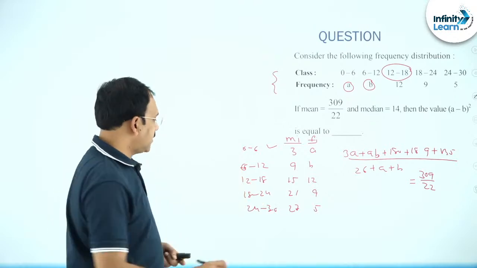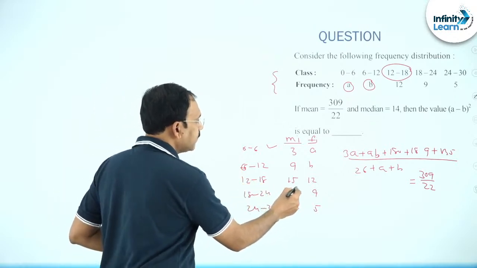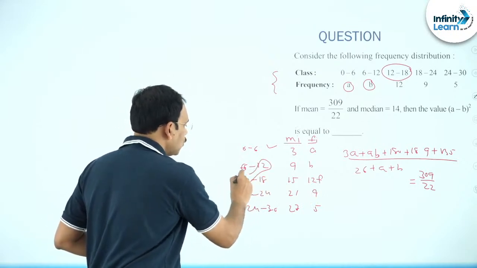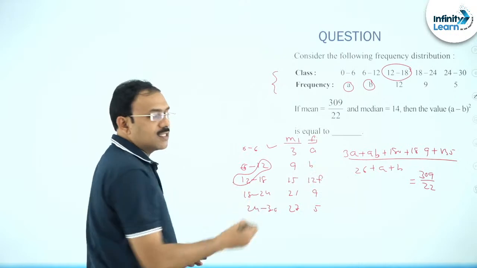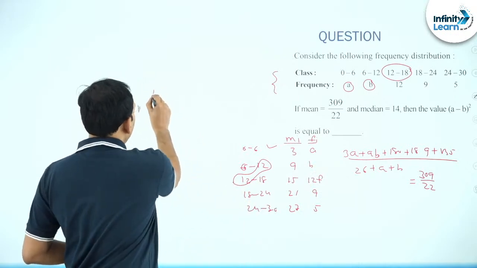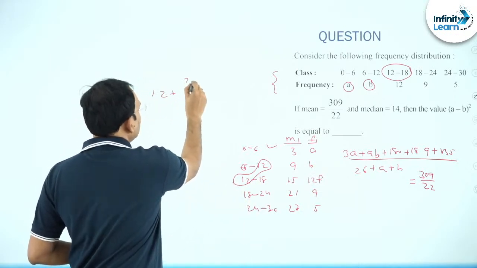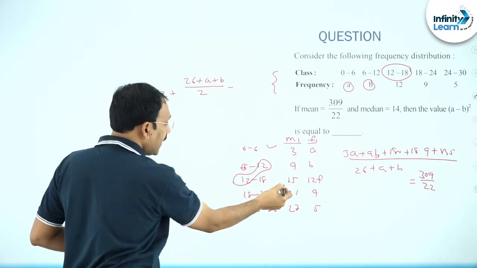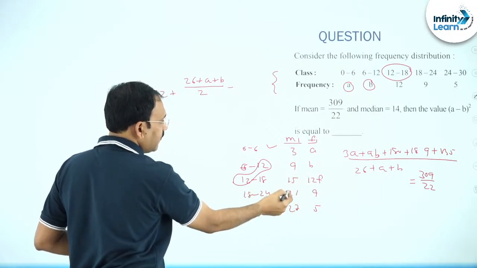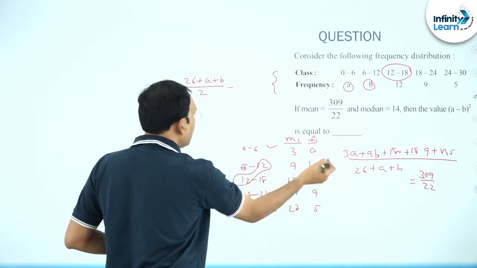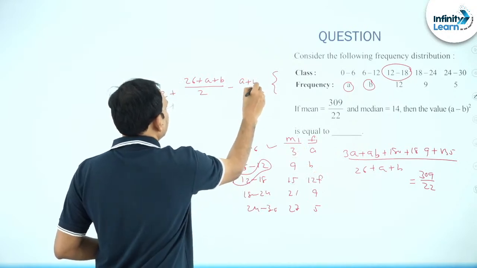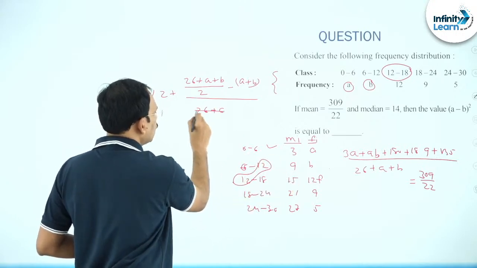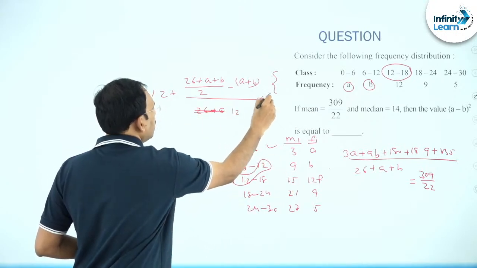In this case, dear friends, the median is here, so this is going to be f and L is going to be 12, and n means 26 plus a plus b. You see, L is 12, n by 2 means 26 plus a plus b by 2, n by 2 minus m. M you can see, friends, is the cumulative frequency a plus b, m by f, which is 26 plus f, is going to be 12 into c, which is going to be 6.